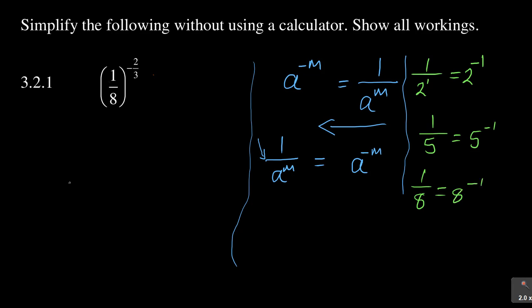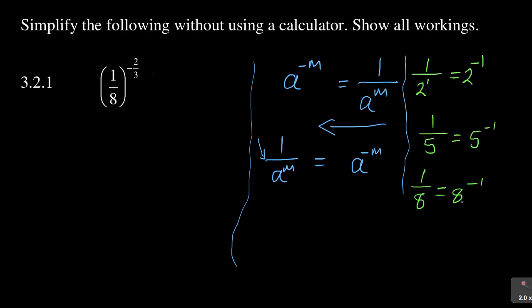So in our question here, we can conclude that this is equal to 8 to the power -1. But remember, in this case, the exponent is -2/3. Before we do that, so that I don't confuse you with the laws, there is something you can remember.